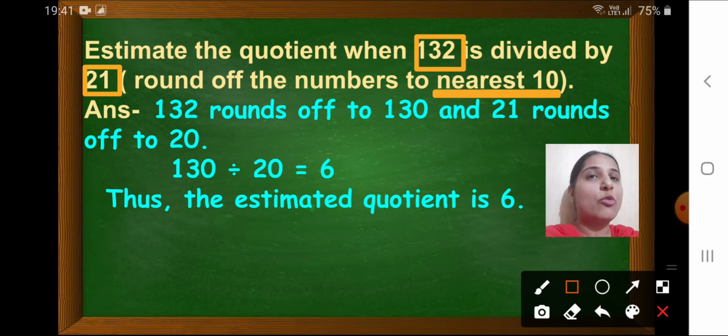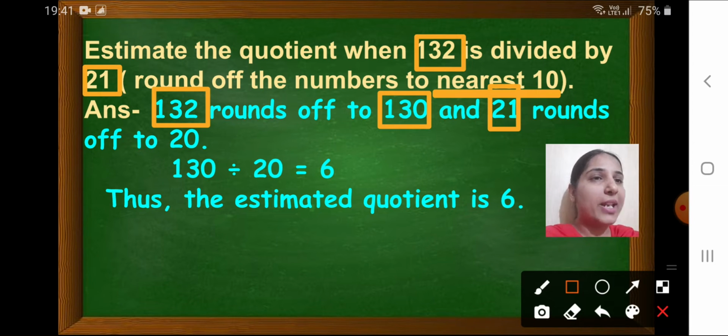When we round off 132 to the nearest 10, what do we get? 130, because you just see the digit at the ones place, which is 2, which is less than 5. So the rounded value will be 130. Now we will round off the divisor, which is 21. 21 rounds off to 20 when we round it off to the nearest 10.